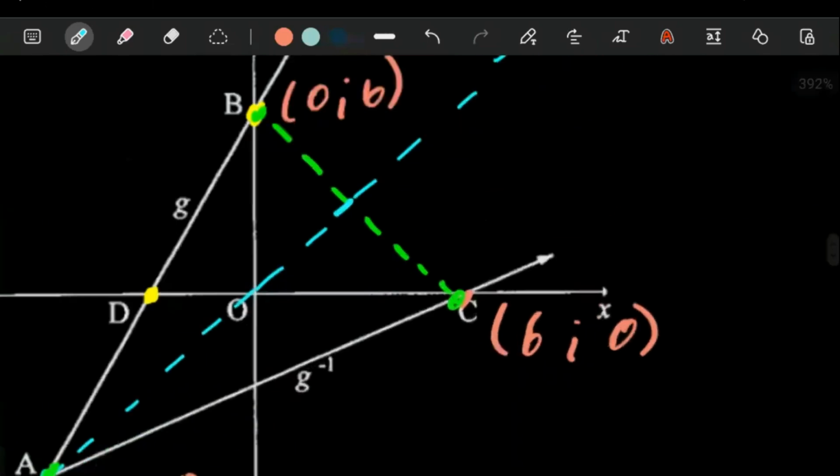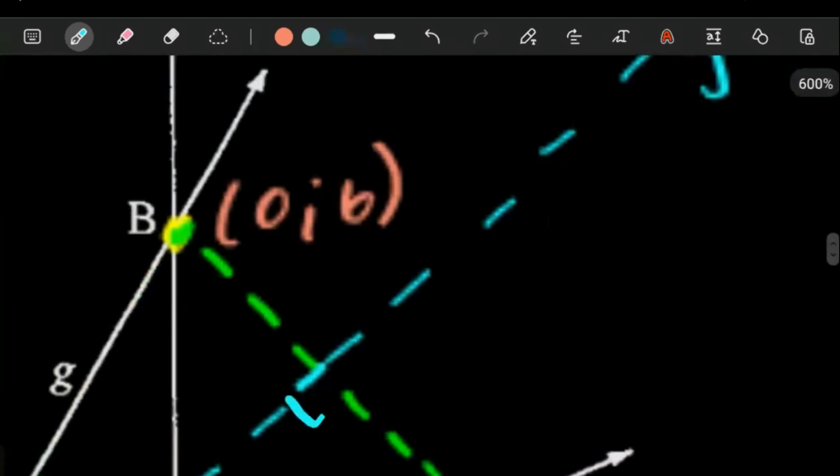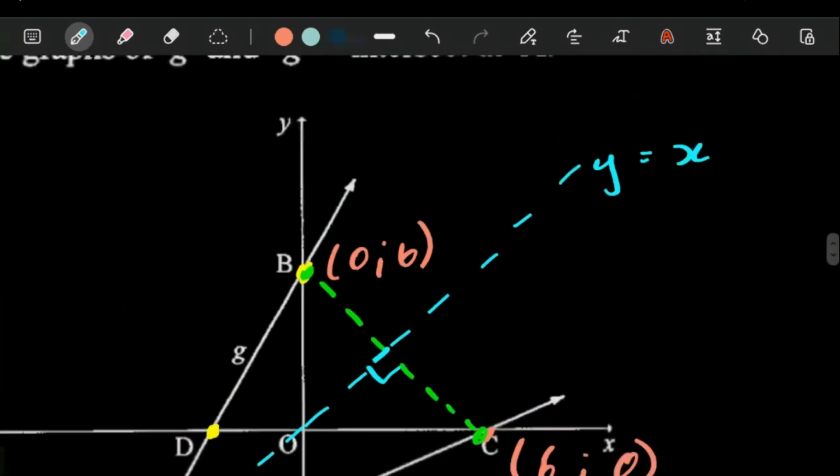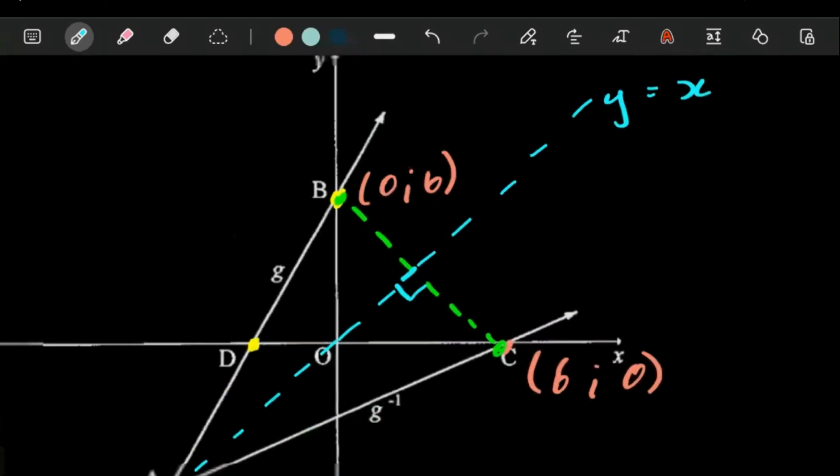So automatically this is a 90-degree angle. If this line here is the line y is equal to x, remember that it's symmetrical. The distance over here is the same as the distance over there. And this line passes through the origin. All logic will tell you that this is cutting that because of the nature of how inverse works.